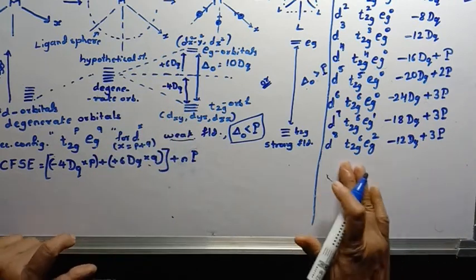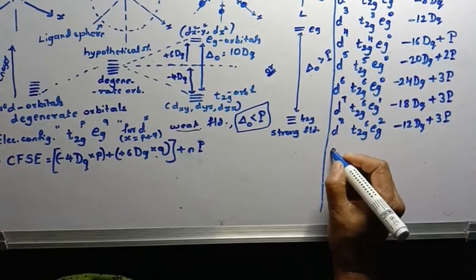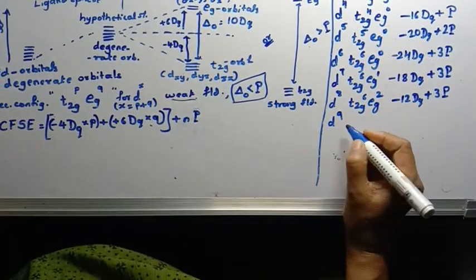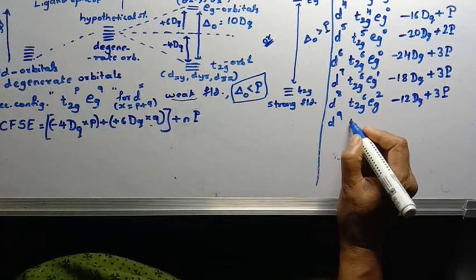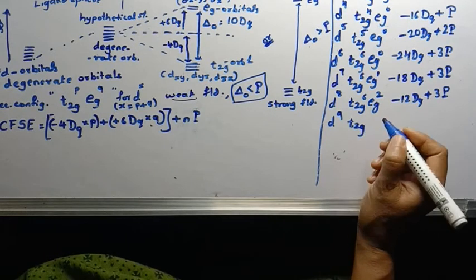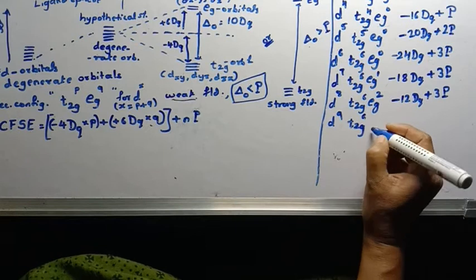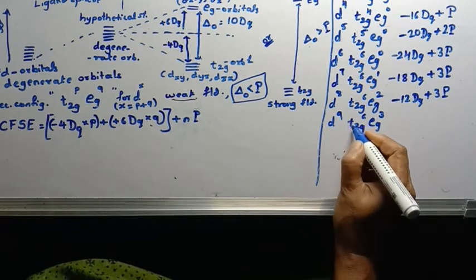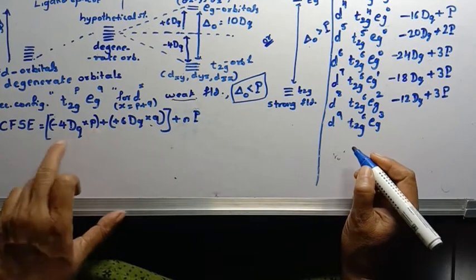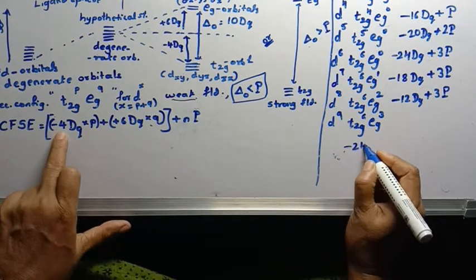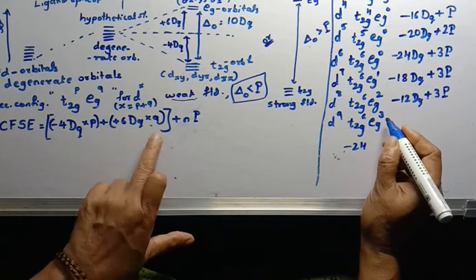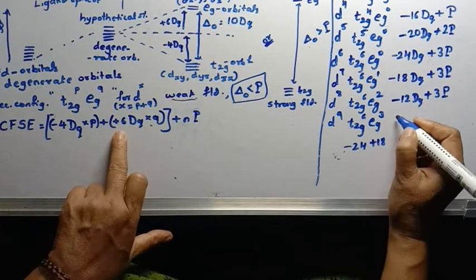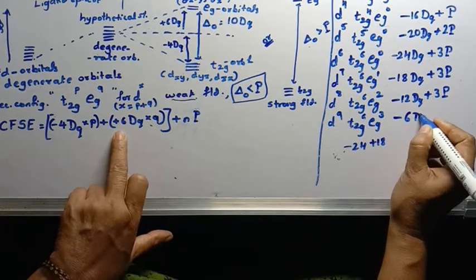And now the last but one: if the metal ion contains 9 electrons in the d orbital, those 9 electrons are distributed like this: T2G 6 and Eg 3. T2G 6 means minus 24 dq, then 6 into 3 is 18, so minus 6 dq.